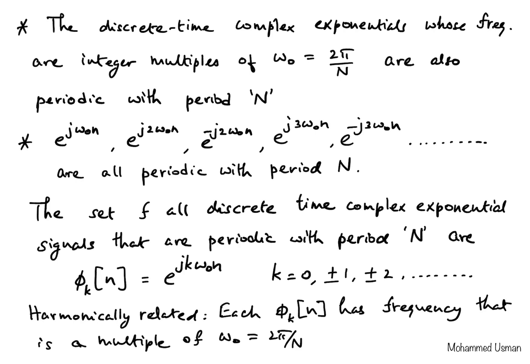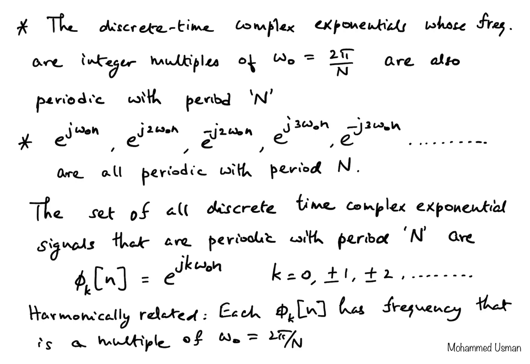Okay, that's the second important observation that we make. With this information, we can write down a set of all discrete time complex exponentials that are periodic with the same period N. So it will be discrete complex exponentials with frequency omega naught, 2 omega naught, 3 omega naught, and similarly minus omega naught, minus 2 omega naught, minus 3 omega naught, and we can go on and on.